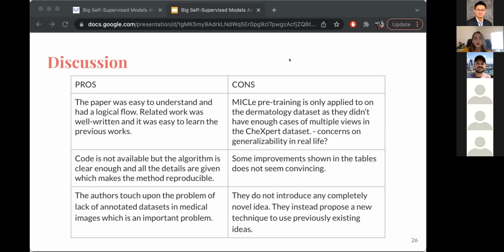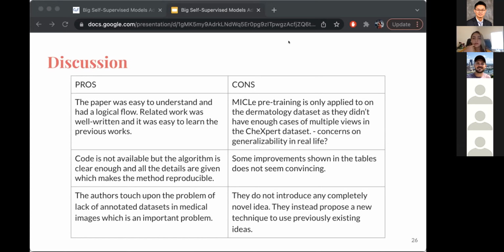The code is not available, but the algorithm is clear enough, and their framework is, I think, easy to implement since they give all the details. And the problem they're touching is a huge, important problem in medical images, which is good.